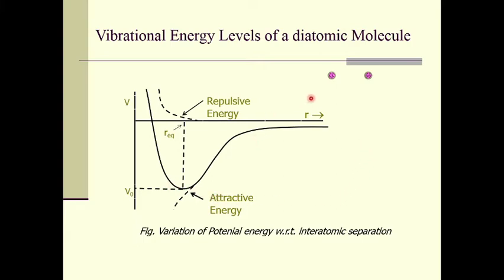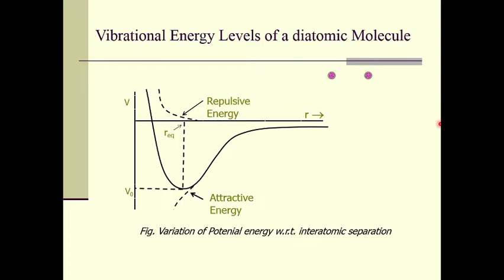So let us see the diagram. Here our two atoms are at infinity, and therefore their potential energy is close to 0, right. So they are at infinite separation from each other, and therefore their potential energy is close to 0.